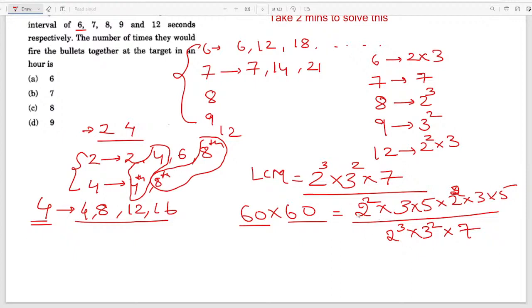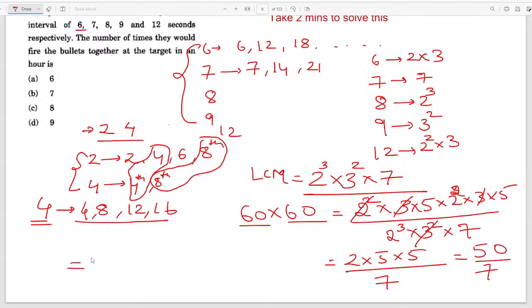So here you can cancel the 3 squared and 2 squared, and 2 raised to 1 would be remaining. So I'd write it as 2 into 5 into 5 divided by 7. This would be 50 by 7, which is equal to 7.1 something.